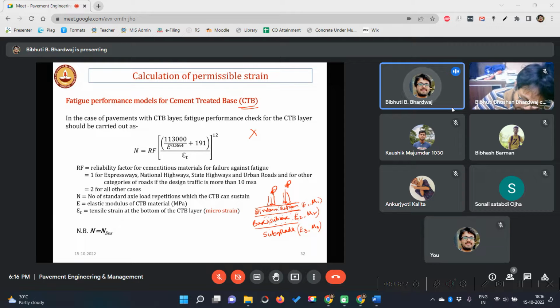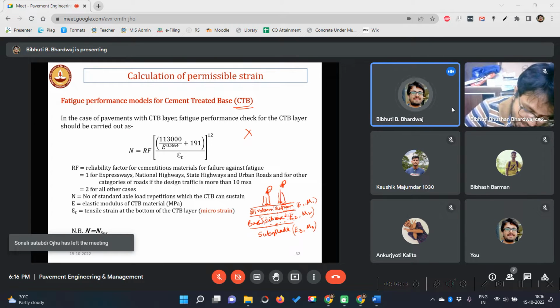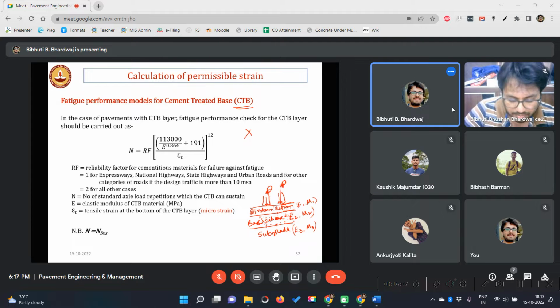We can find out the strain at any point, that is, what strain is getting generated. But our concern is we need to find out the strains only here, right? Only the tensile strain at the bottom of your bituminous mix and the vertical strain at the top of your subgrade.